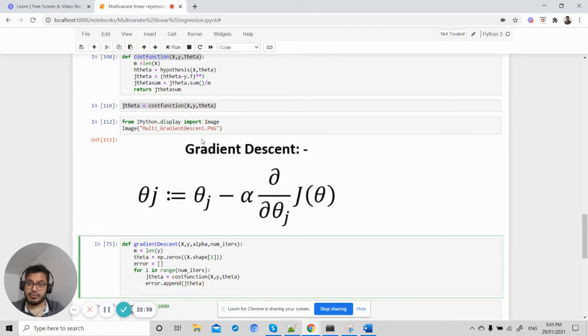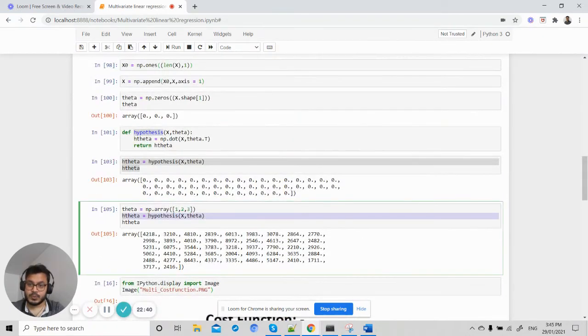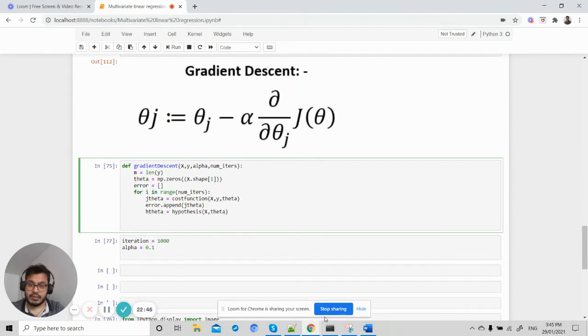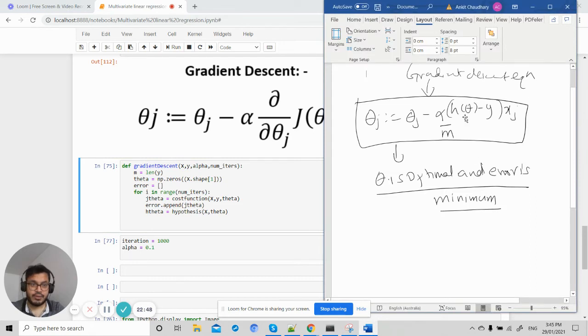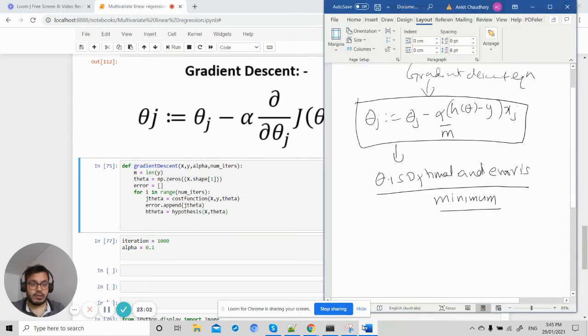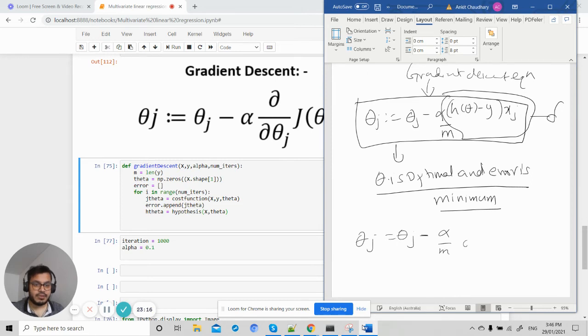Okay, and we even know our hypothesis. Okay, so here we know our hypothesis. What we need to do is subtract our final output y from it, and multiply it with x. Okay, so what we will be doing is, we will treat this as our delta. So finally our theta j will be theta j minus alpha by m times delta.